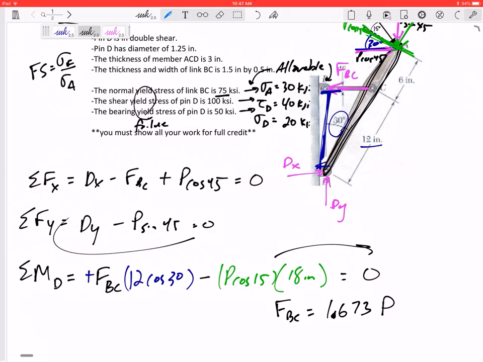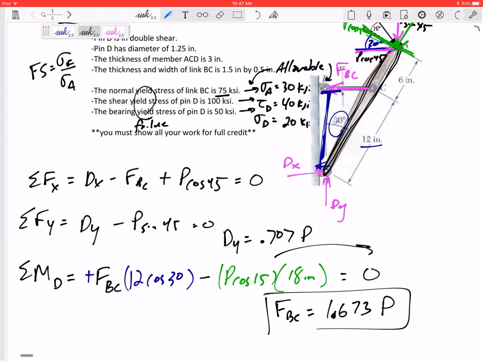All right, this equation right here, I can rewrite this. Sine 45 is just a number, 0.707. So I can rewrite this as dy is 0.707 P. I'll box these in, but these aren't final answers. Then I can plug that in right there, 1.673.